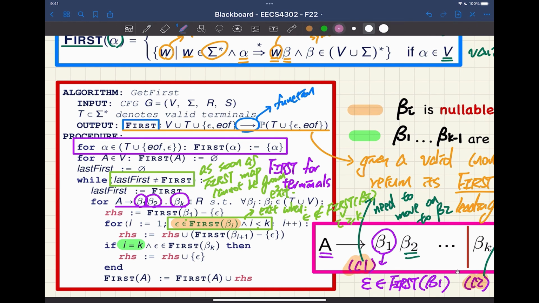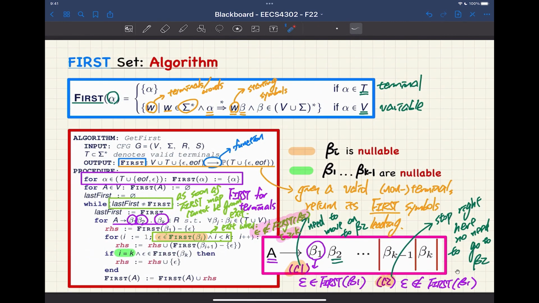Right? This Boolean condition here actually is very important, especially the first one. The first one over here, when we say epsilon is not in the first of the current component beta i, that means we should stop here. Don't really try to collect the first components from any later components. And that's exactly case number 2 that we talk about over here.